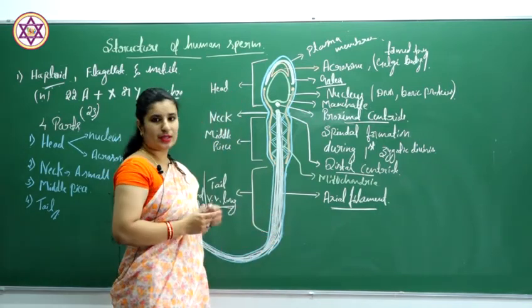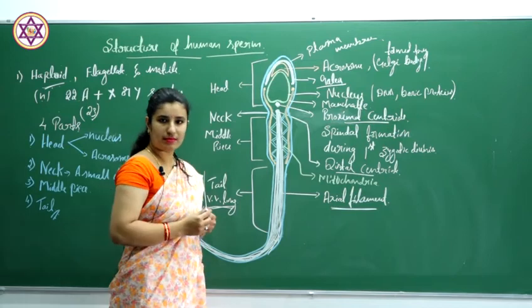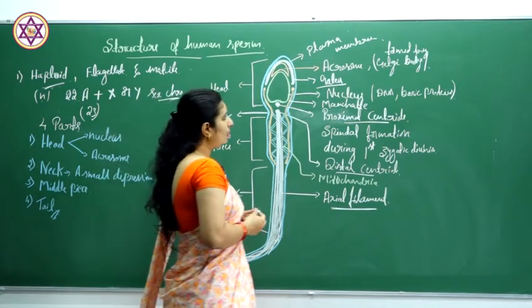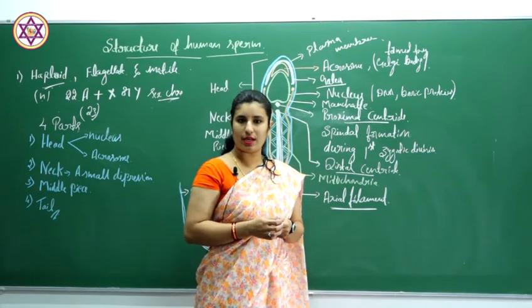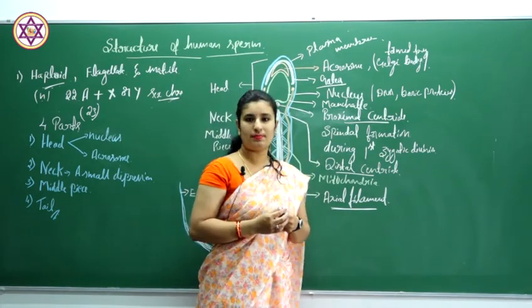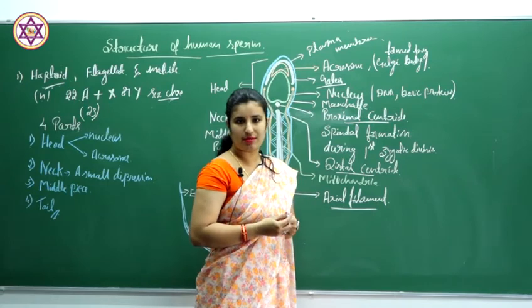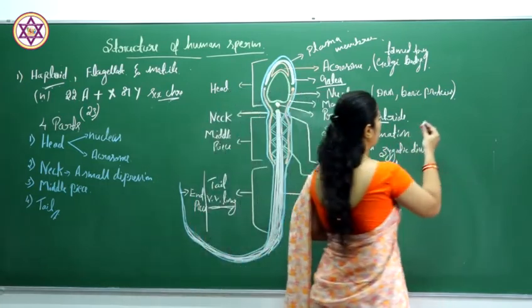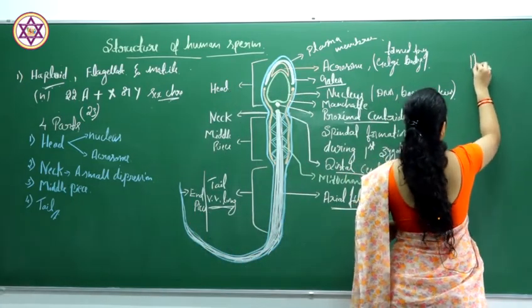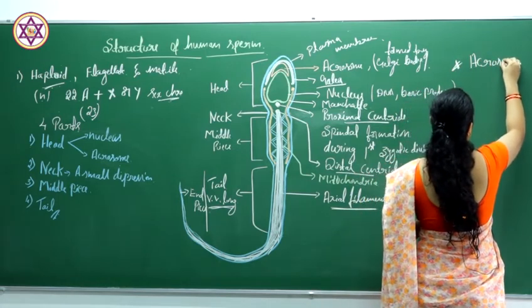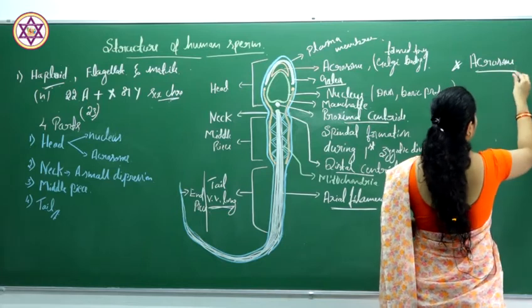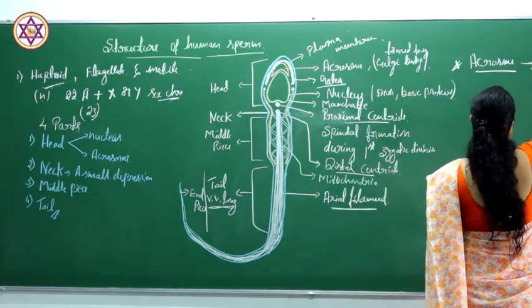So let's start with the acrosome. Here the acrosome, as I told you before, is formed from the Golgi body and it contains hydrolytic enzymes, lytic enzymes.